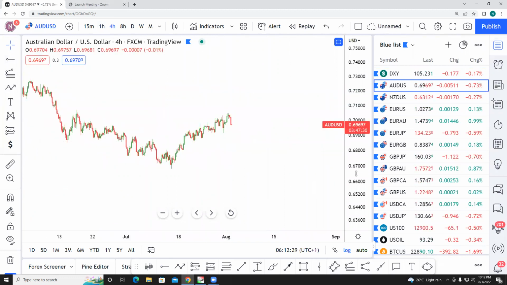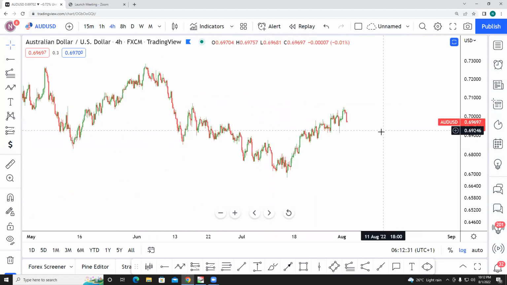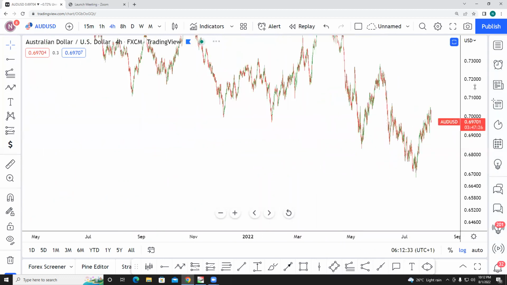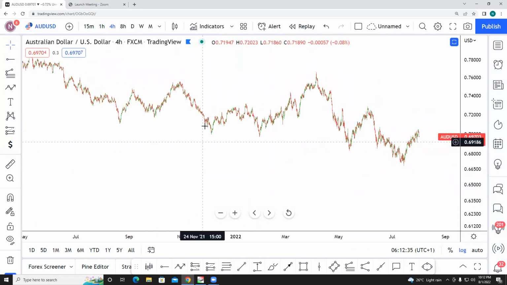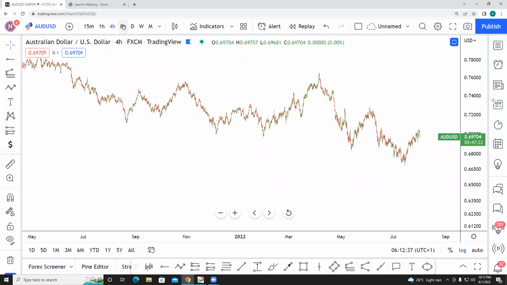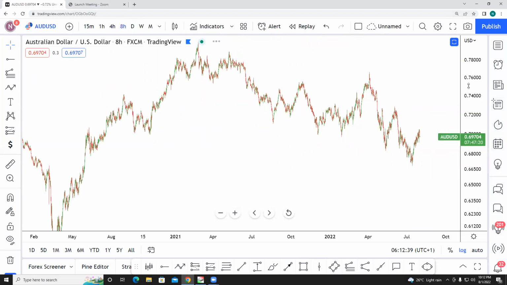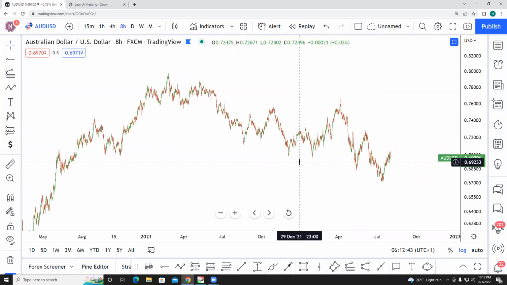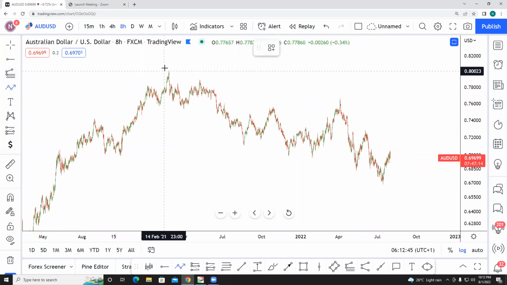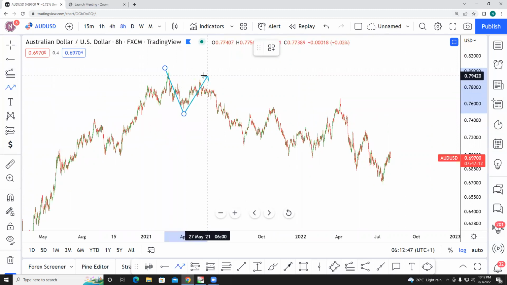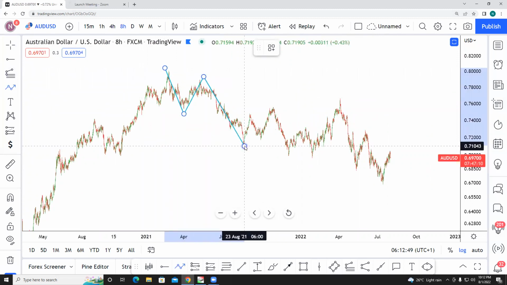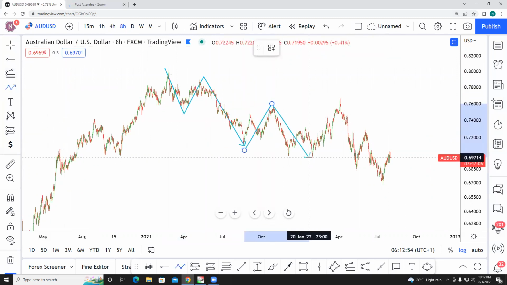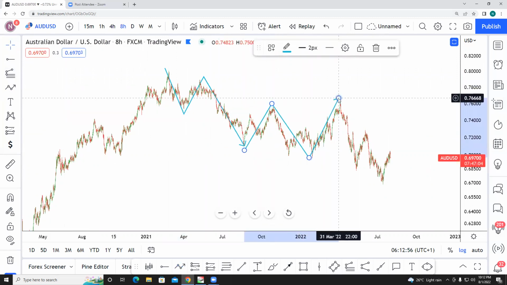If you look at AUD USD, I've seen some people forecasting that AUD USD may go to the upside this way, but I do not want to subscribe to that, because I'm seeing a structure here which is three waves down. This is 1, 2, and 3 waves up.